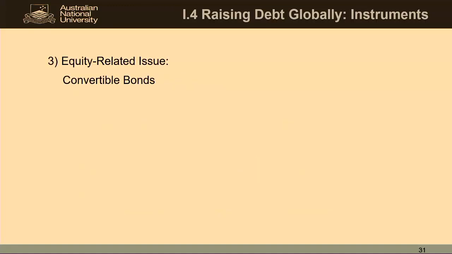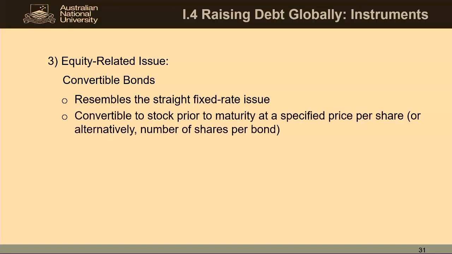The third type of international bonds are equity-related issues. So we could have convertible bonds where you are able to convert the bond for equity, right? It resembles the straight fixed rate issue, and it's convertible to a stock prior to maturity at a pre-specified price at a pre-specified date for a pre-specified amount of shares per bond.